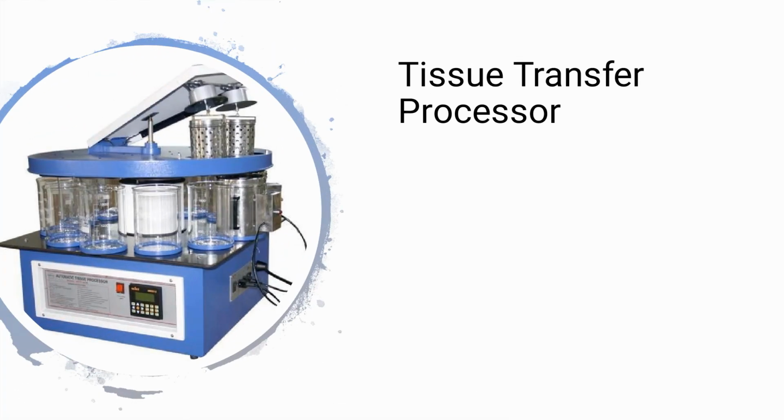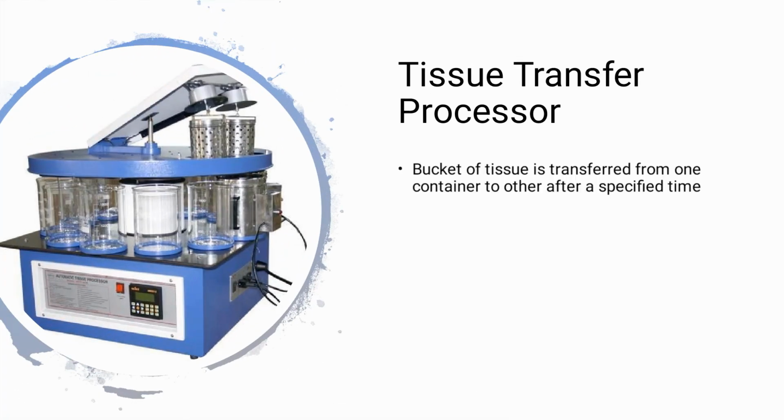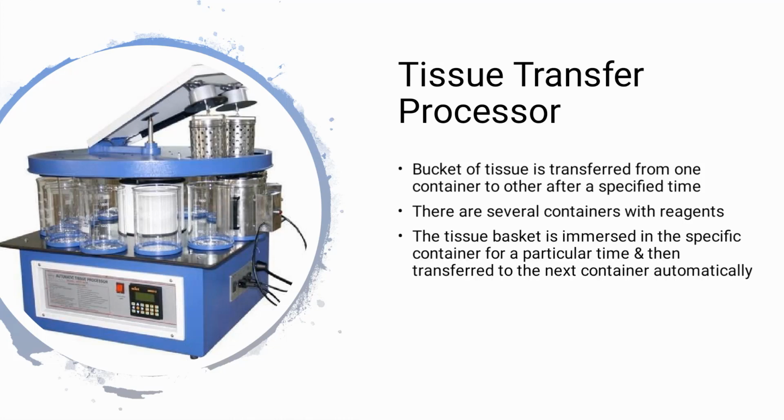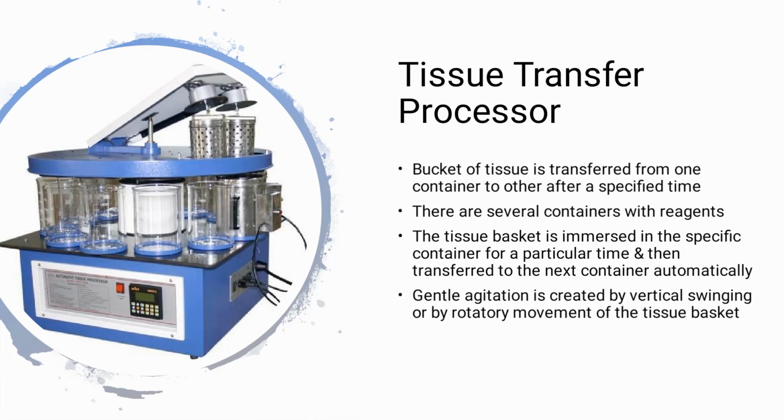In the tissue transfer processor, the baskets of tissue are transferred from one container to another container after a specific time, and each container has a different solution. The tissue basket is first immersed within the specific container for a specific time and then transferred to the next container automatically after processing in its jar.